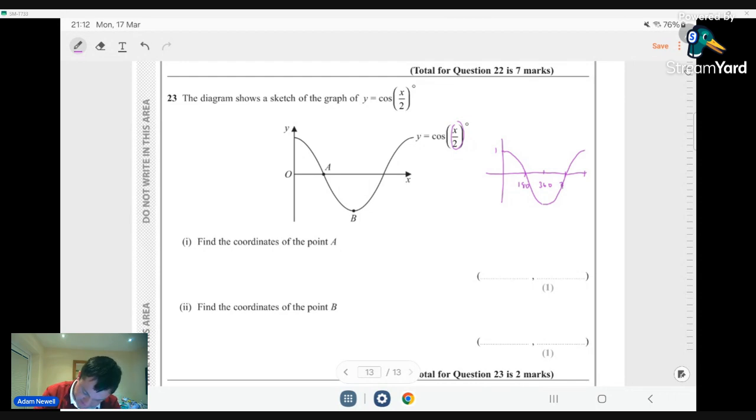That's 540. And then 360 times by 2, which is 720. So therefore, A is equal to 180, 0. And B is 360. Well, I know that point there is minus 1. And that's that paper completed.